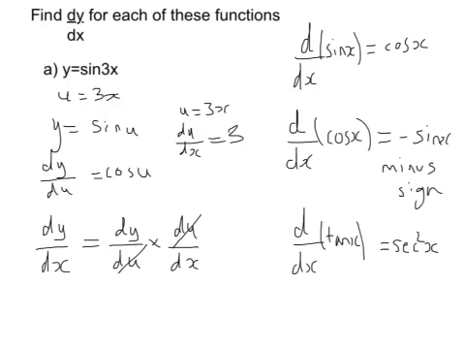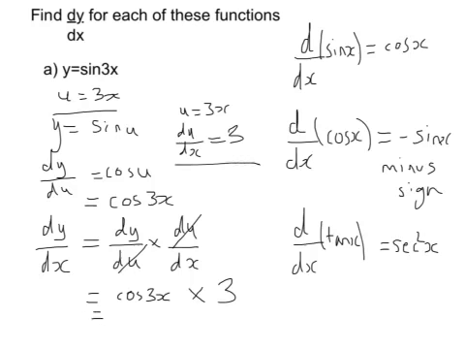So dy by du is cos of u, which I can say is cos of 3x, because u is 3x. So I've got cos of 3x multiplied by 3. So I've got 3 cos 3x. So dy by dx is 3 cos 3x.